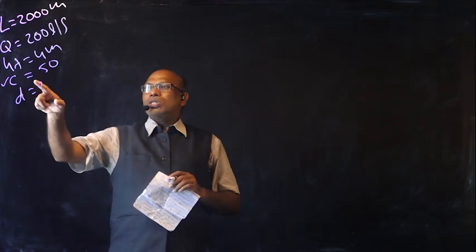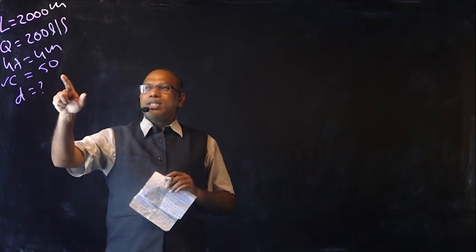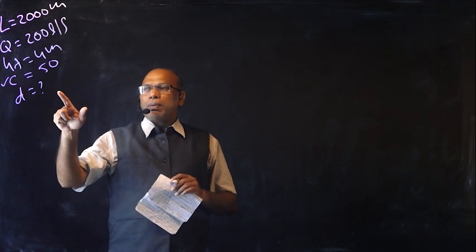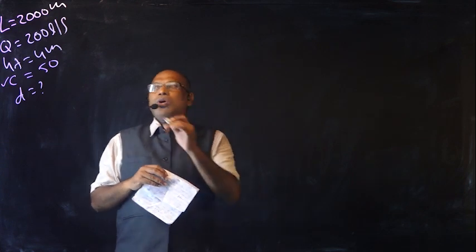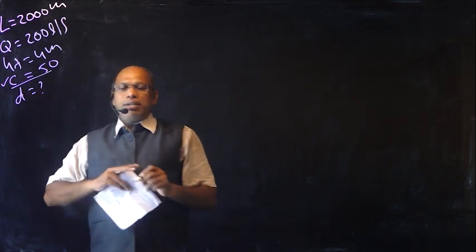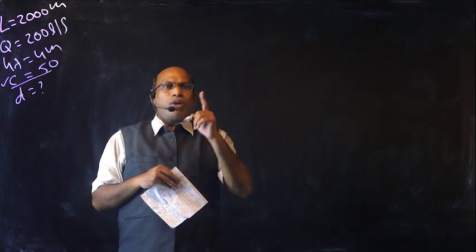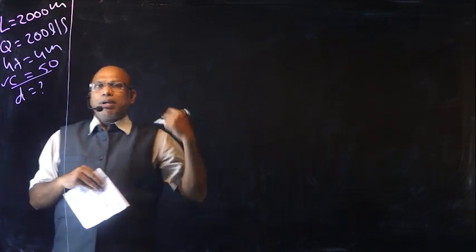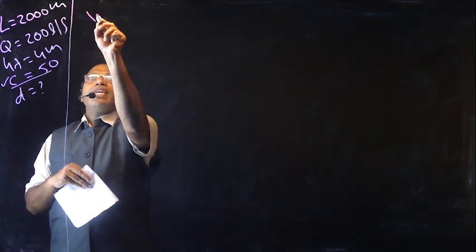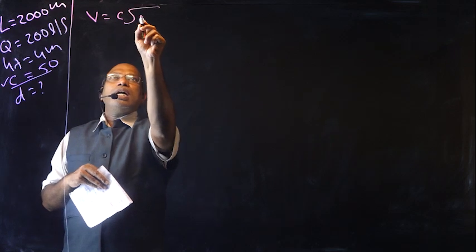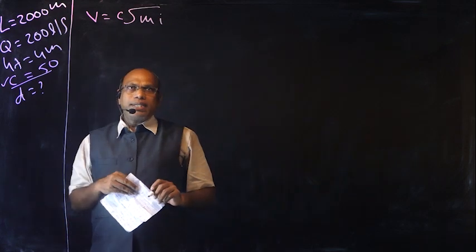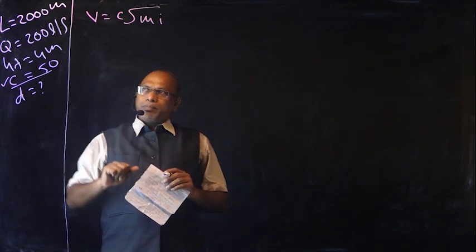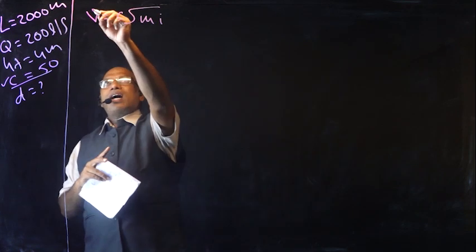And Chezy's constant is given, equal to 50. Finally, we are going to determine the diameter of the pipe D. Based on Chezy's constant, we have one formula, V is equal to C root mi. Now we are going to determine the diameter of the pipe D. But velocity is not given.